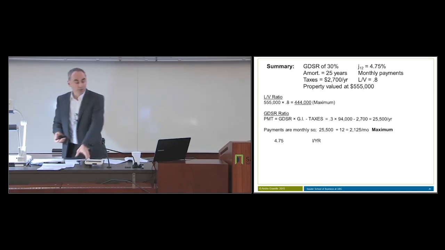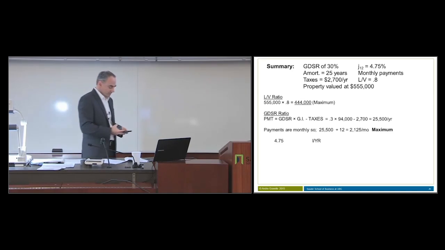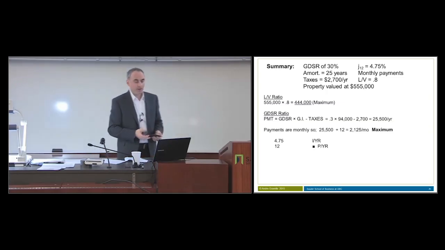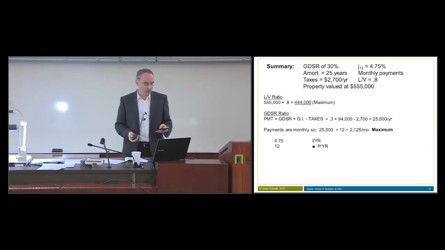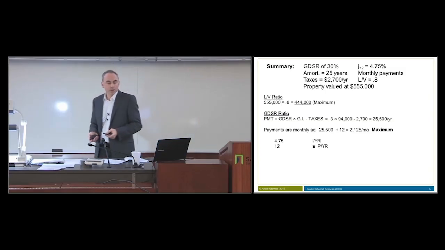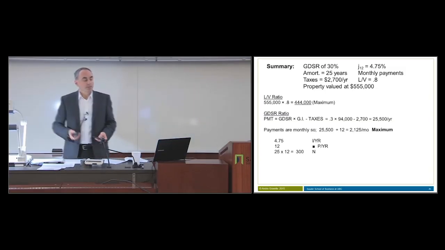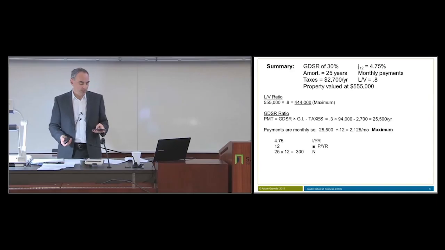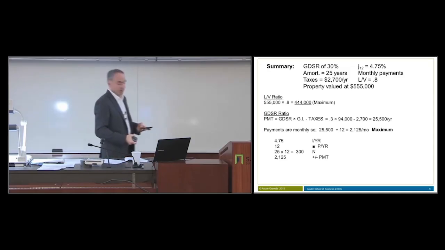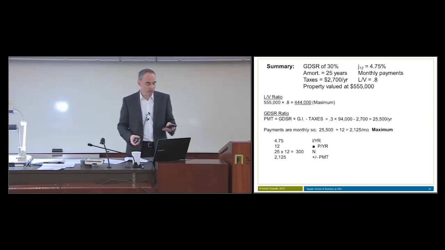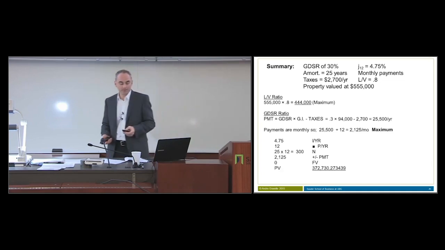4.75 is the interest rate per year. It's J12, so 12 is our periods per year. It's a 25-year loan, 12 periods per year, so 300 N. Our payments, of course, which we've already found, $2,125 is our payment.